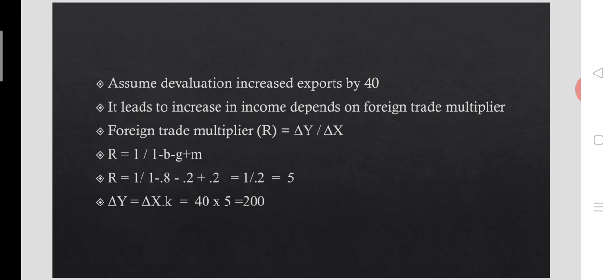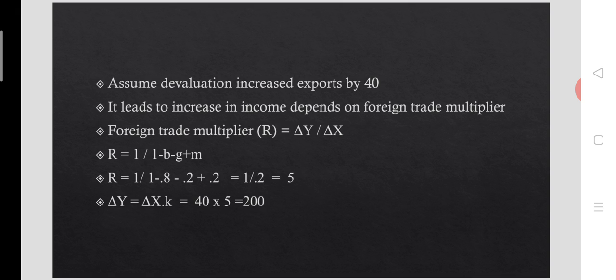0.8 is the marginal propensity to consume, that is 0.8 or 80%, as we have already known that B is equal to 0.8. B is the marginal propensity to consume, and G is the marginal propensity to invest, that is 0.2 or 20%.